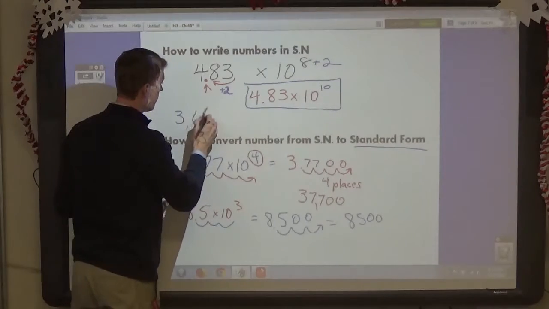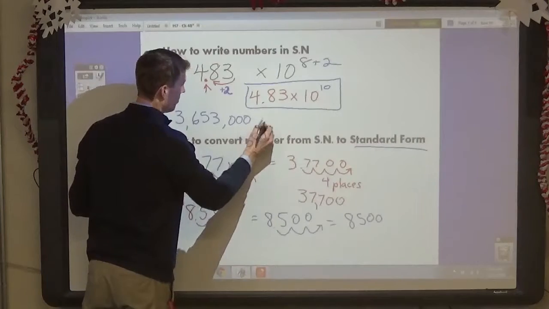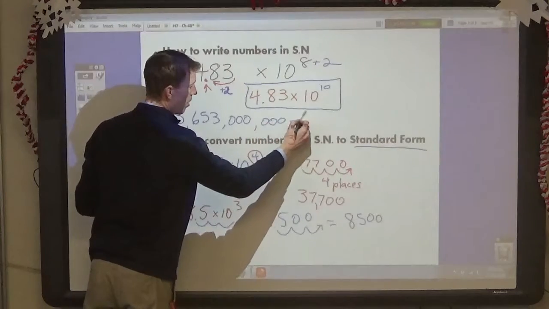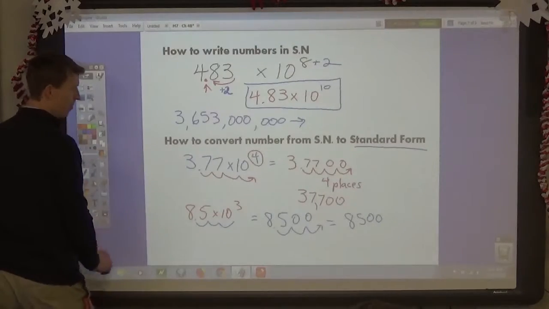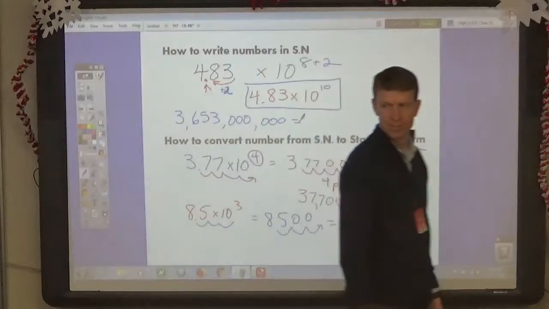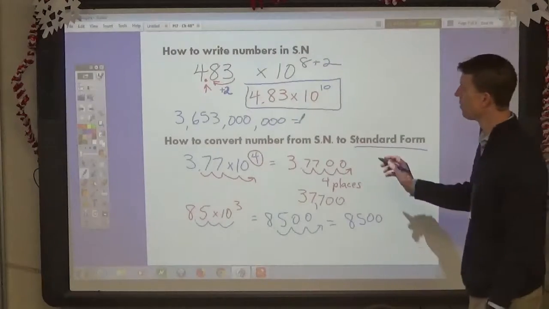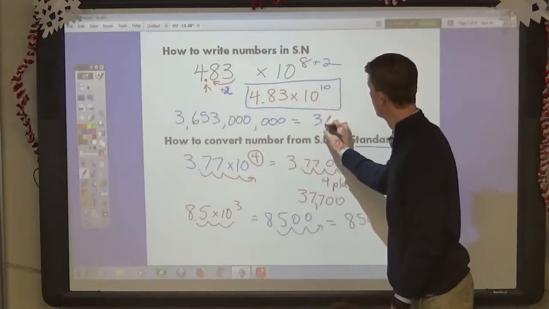We're converting that to scientific notation. What do you think, Abby? What do we have to make the first number? 3.653. Good.